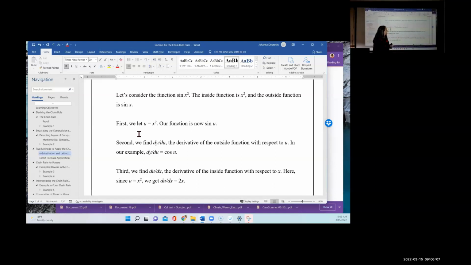We have an outside function, which is sine, and an inside function, which is X squared. So we can think of sine of U being the outside function, and we can think of X squared as the inside function.